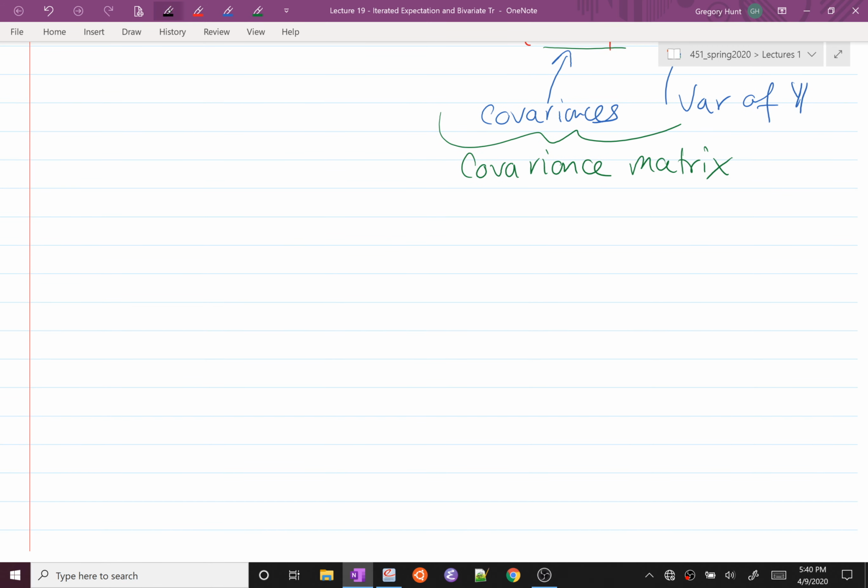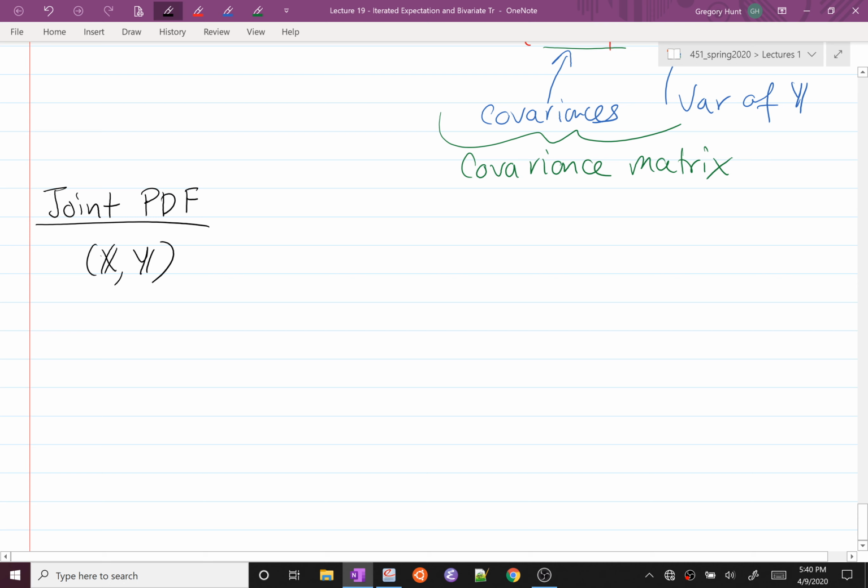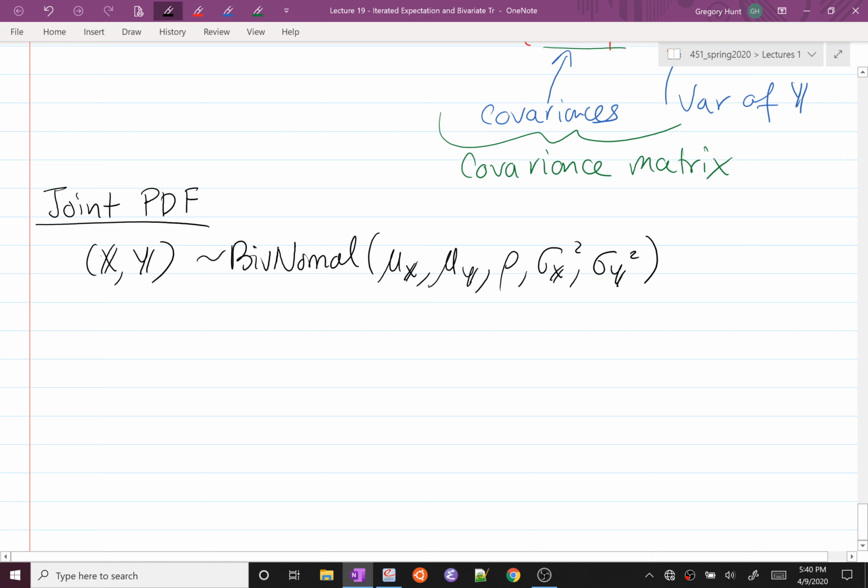we can look at the PDF. So what is the joint PDF? Here we have my bivariate random variable, x and y, has a bivariate normal. Maybe I'll write it like that. And I could specify all the parameters if I want: mu x, mu y, rho, sigma x squared, sigma y squared.